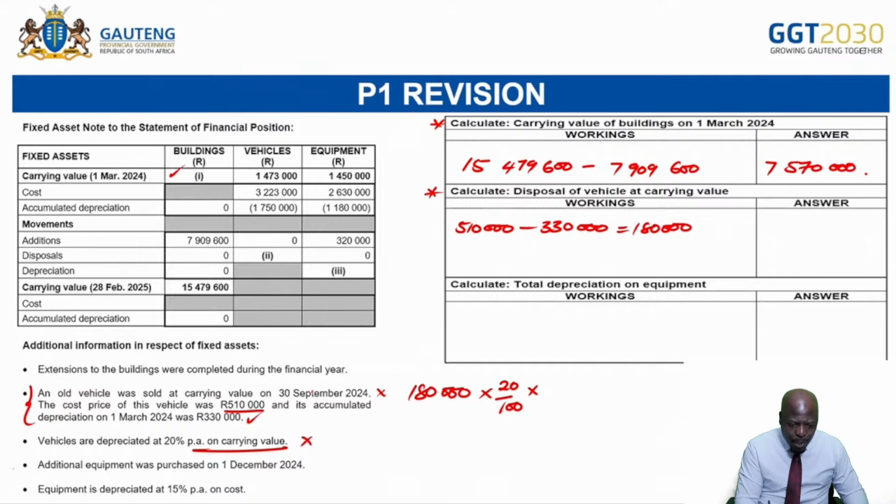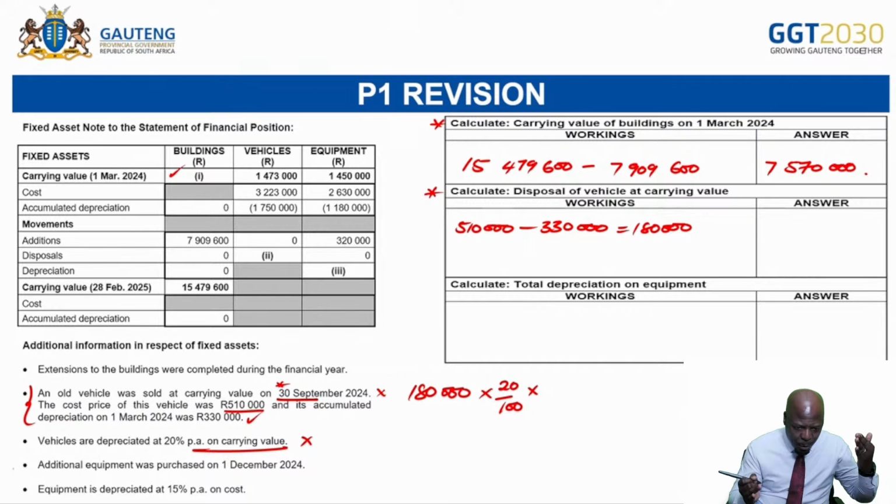It was sold on 30 September. So we're counting from the beginning of the financial year. All right. So how many months are we going to get? If we're counting from the beginning of the financial year, we are going to say March, April, May, June, July, August, September.